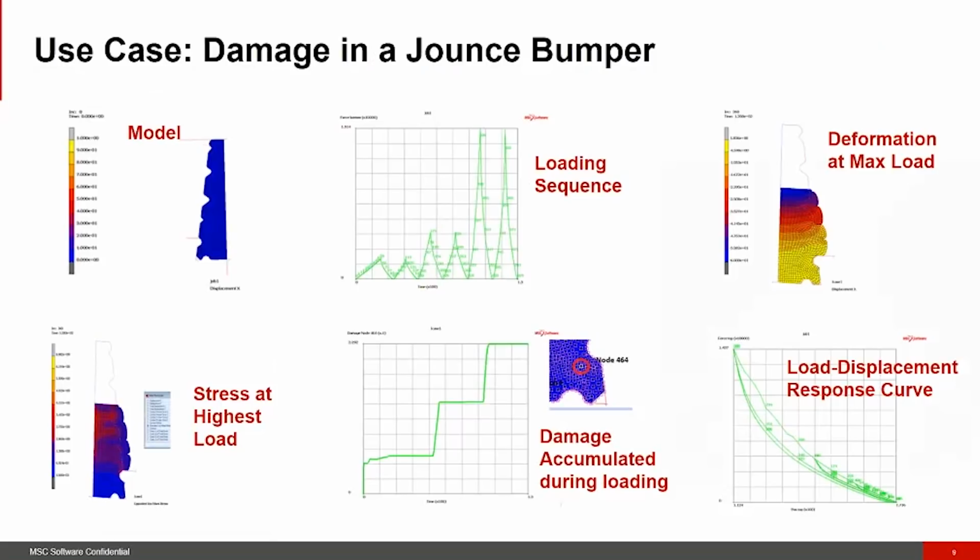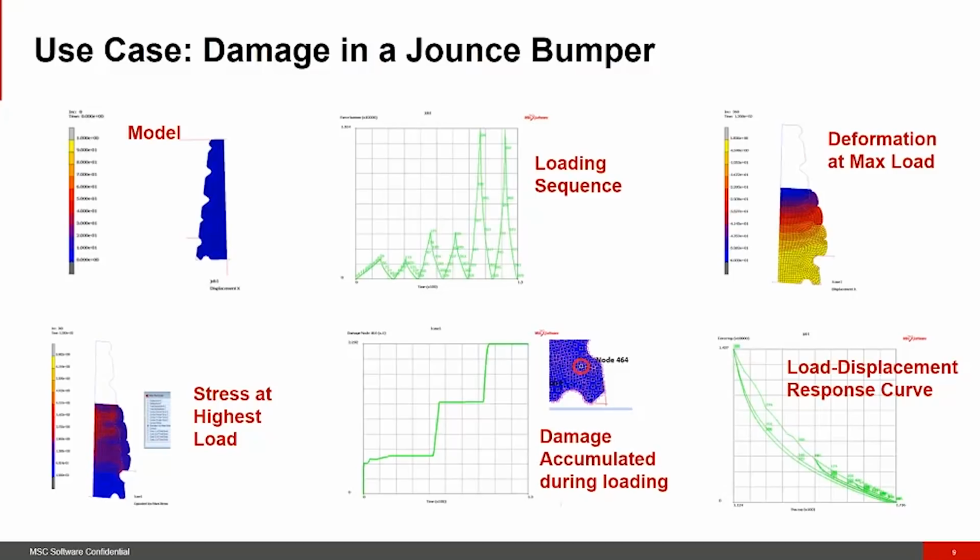Here you can see a use case of this enhancement in a jounce bumper. To capture the degradation of automobile rubber boots from regular operation, this model was used. Here on the left-hand side, you can see the axisymmetric model.